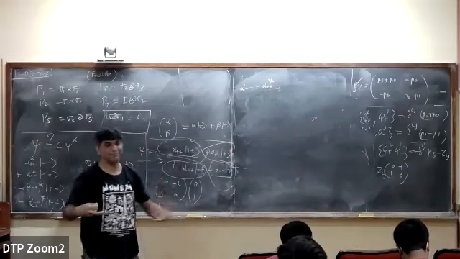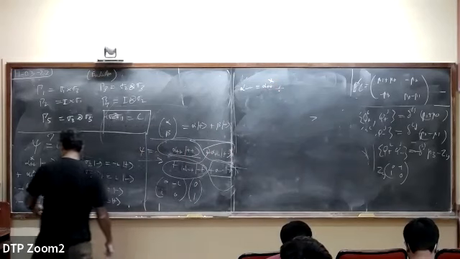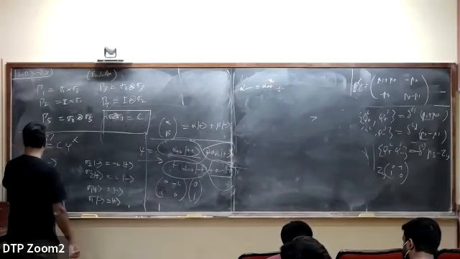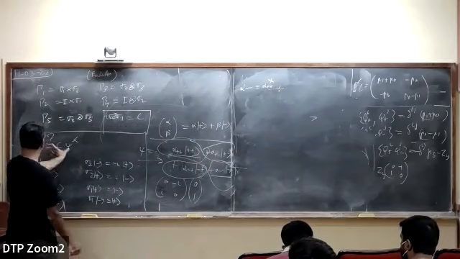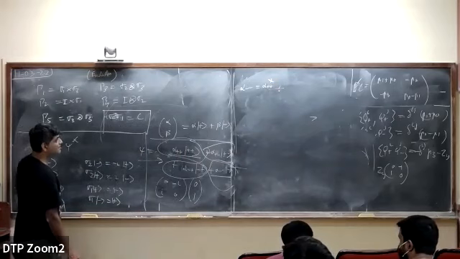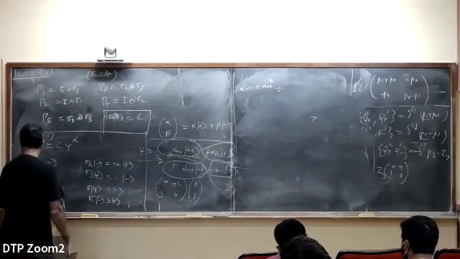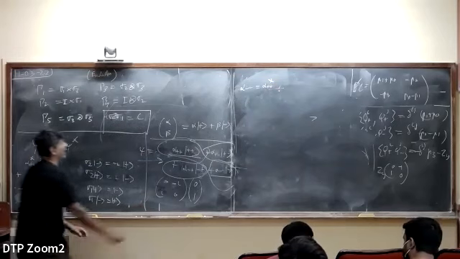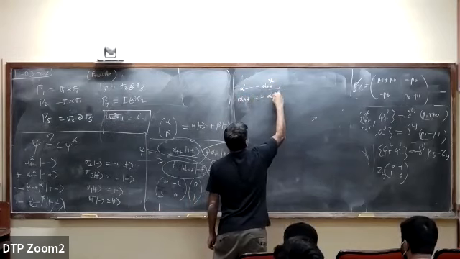Our attempt at putting reality conditions is as follows. Alpha minus minus was alpha plus plus star. Okay. And now we see the problem. Alpha plus plus is equal to minus alpha minus minus star.